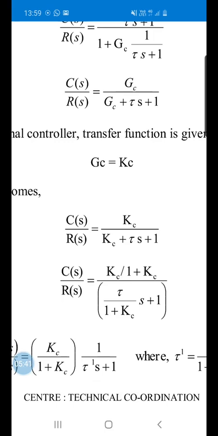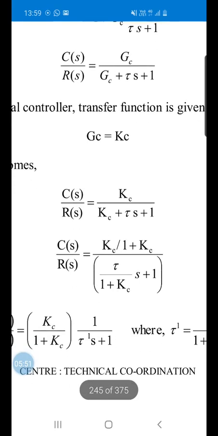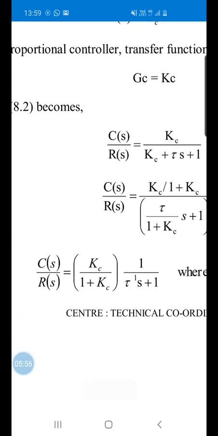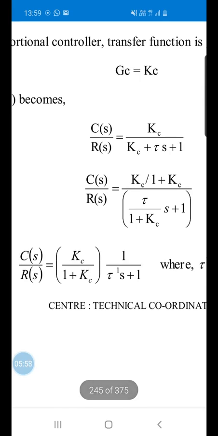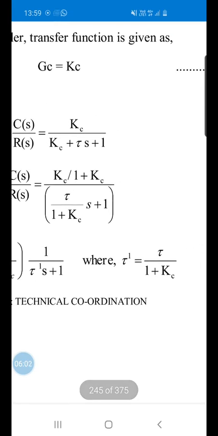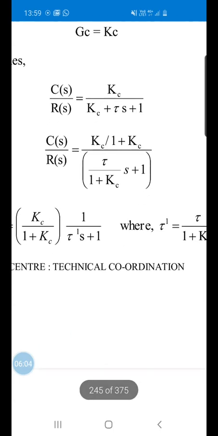So we'll divide the numerator and denominator by 1 plus KC. So KC upon 1 plus KC upon tau upon 1 plus KC into s plus 1. Is it right? So now you can write this equation as KC upon 1 plus KC into 1 upon tau dash s plus 1, where we write tau dash is equal to tau upon 1 plus KC.